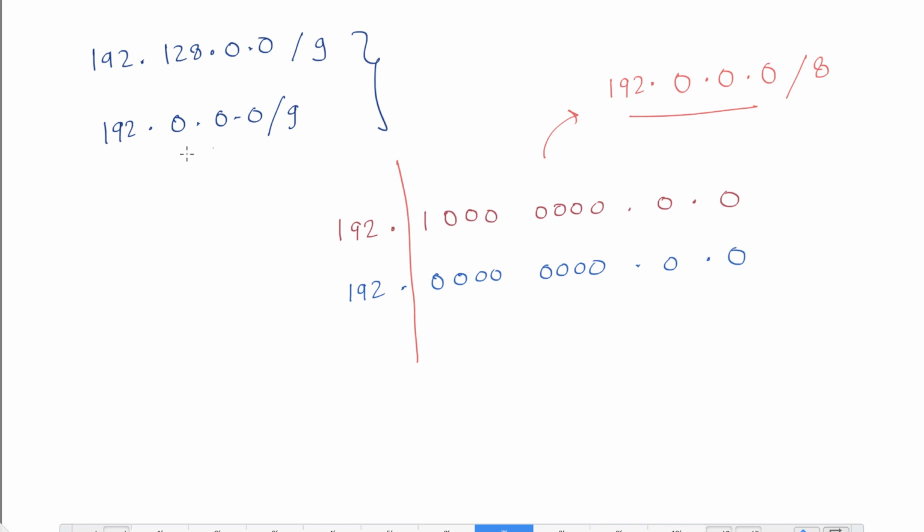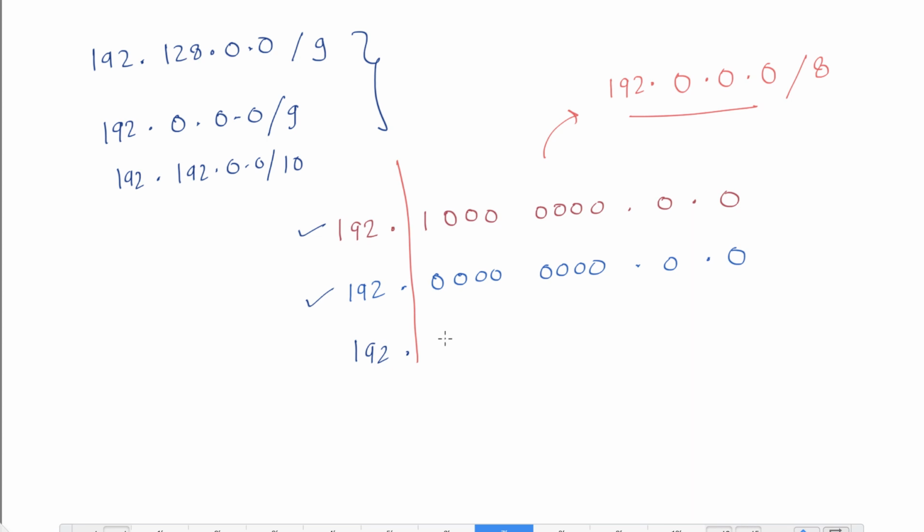Suppose that there is one more network, 192.192.0.0/10, and they ask you to merge these three networks. Let's see how we do it. We first write in binary. This is the binary representation of the first network, and this is the second. It is not completely binary, but whenever it is required I'm writing in binary.